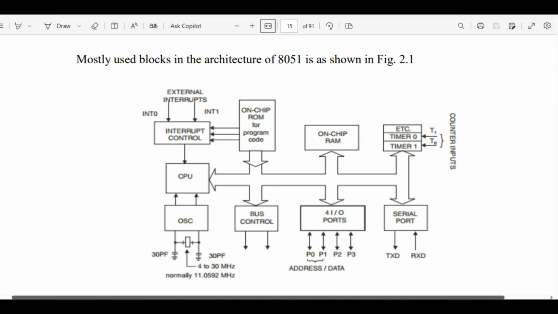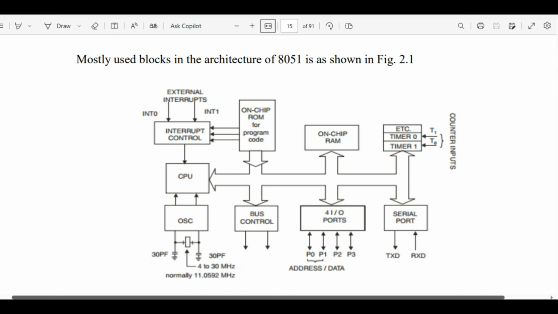Then we have the serial port. This is like a special mailbox where the robots can send and receive secret messages to other robot castles. Now we have the address/data. So the address/data is like the castle's address and the information it shares with the outside world.